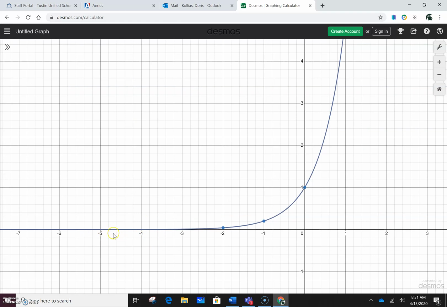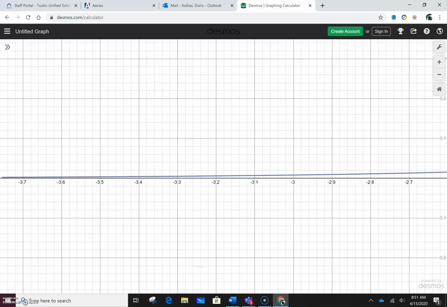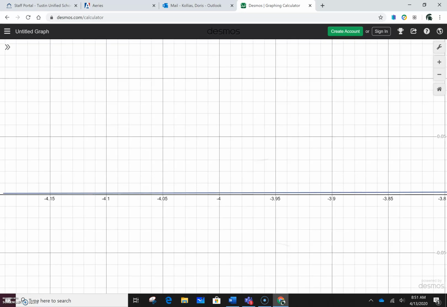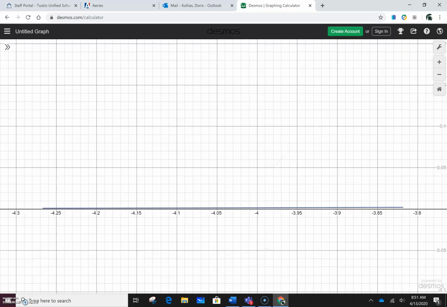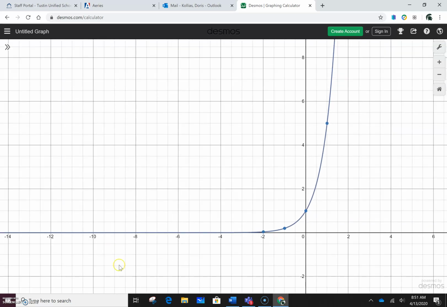It looks like it touches 0, but if I were to zoom in, you'll notice that the more I zoom, the more you see that it's getting closer to 0, but it never actually touches 0 on that left side. So you graph it as if it's getting there, but then you make sure that you don't actually cross that line.